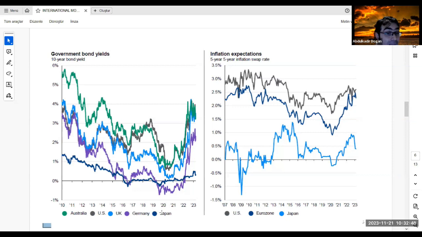And look at Japan. For approximately 15 years, Japan has had only 0% on government fixed income securities. Why? Because it is a secure country, because it has low inflation, because it can pay any debt if you buy the position there. So there is a huge demand for the Japanese government bond, and their return is really low.